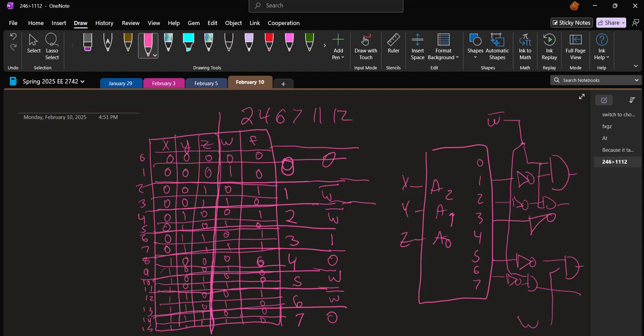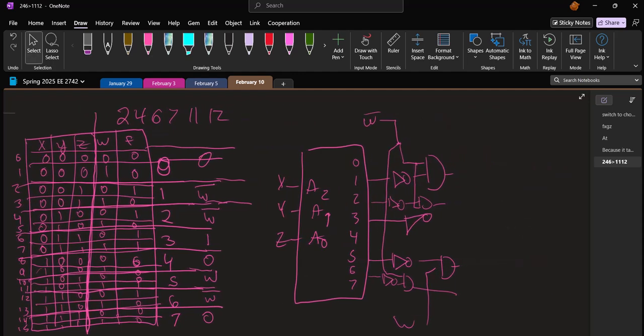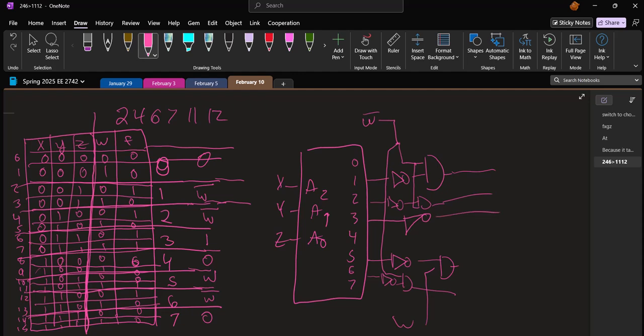And then you can OR all of these together.